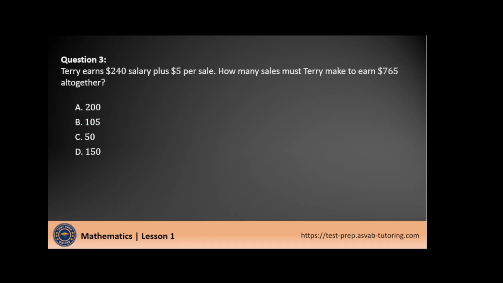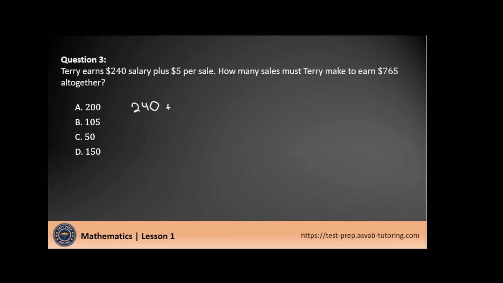Question 3. Terry earns $240 salary plus $5 per sale. How many sales must Terry make to earn $765 altogether? $240 salary means that's like a fixed pay. No matter how many sales we make, we're getting $240.